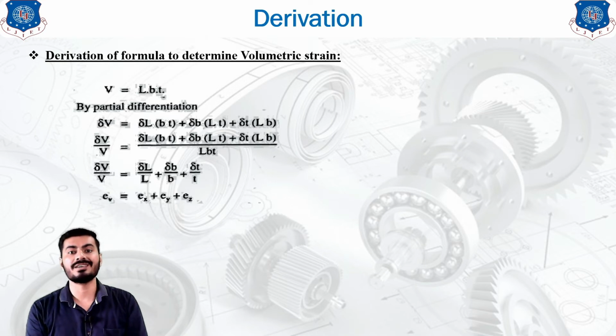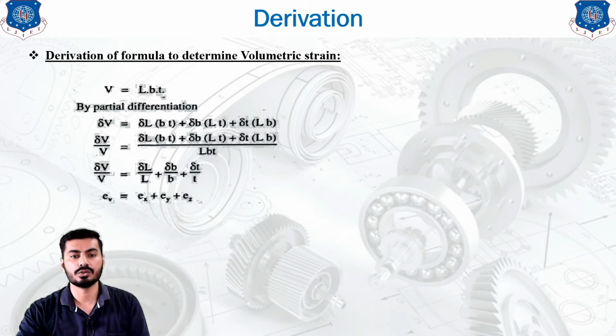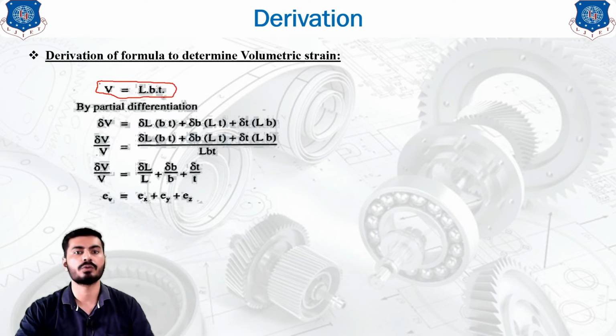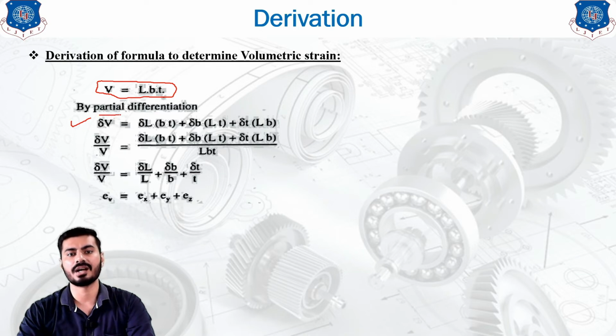So what would be the volume of that rectangular bar? That can be represented as V equals L B into T. Now our intention is to find the volumetric strain, so we need to calculate delta V. How are we going to find this delta V?